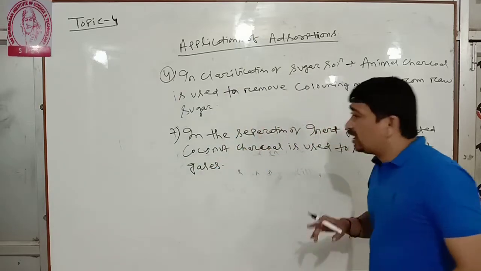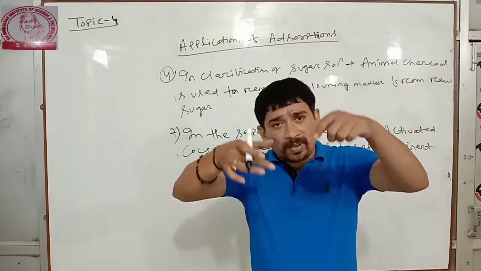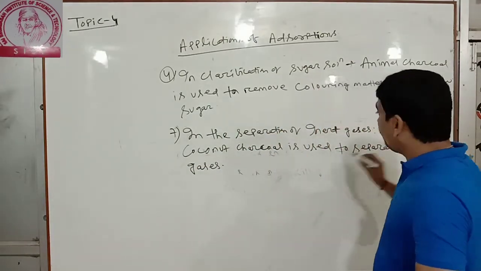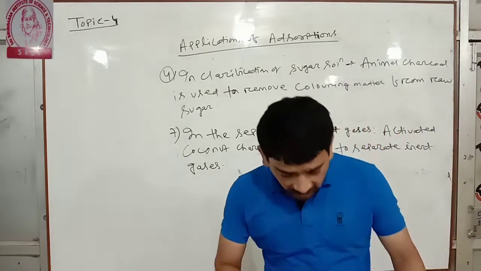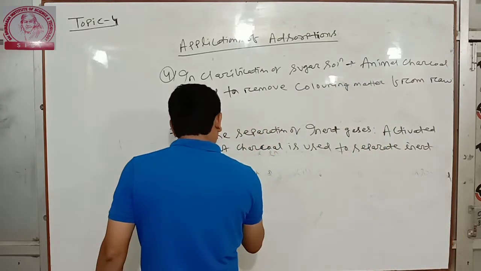What are the inert gases? Helium, neon, argon, krypton, xenon, radon. In the separation of inert gases, we have to use the activated charcoal. Activated coconut charcoal is used to separate inert gases from their mixture.